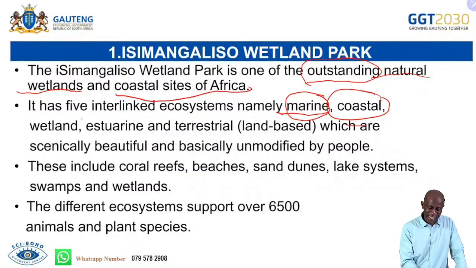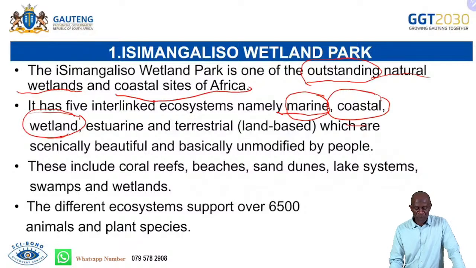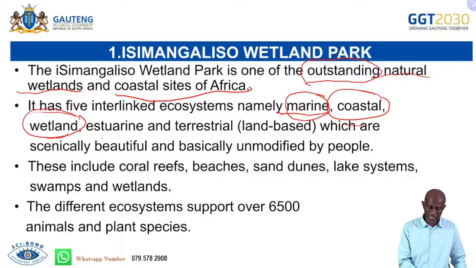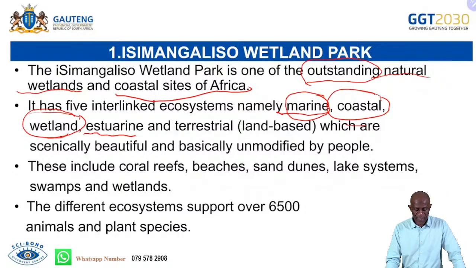It has wetlands. So water forms an important element of the ecosystem. So wetland suggests that the area is by and large wet all the time. Estuarine and terrestrial suggest the life that we find, especially that of birds, as defined by estuarine, as well as terrestrial.